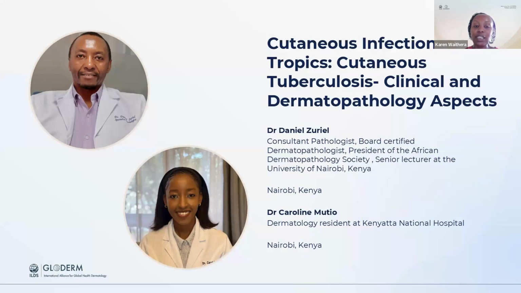Dr. Caroline Mutio is a dermatology resident at Kenyatta National Hospital in Nairobi, Kenya, and she has interest in cutaneous oncology, dermatological surgery, and also how AI can be reimagined to ensure that we get access to skincare in our low resource setting. So thank you and welcome to our speakers.